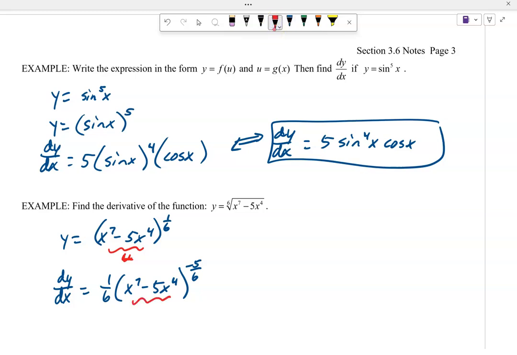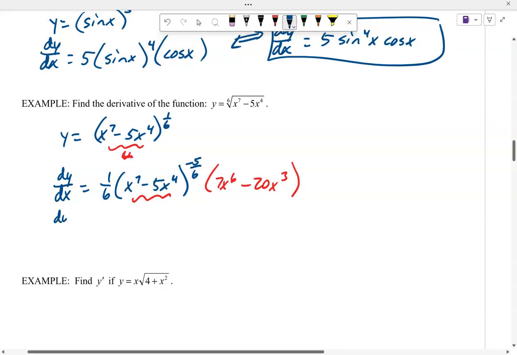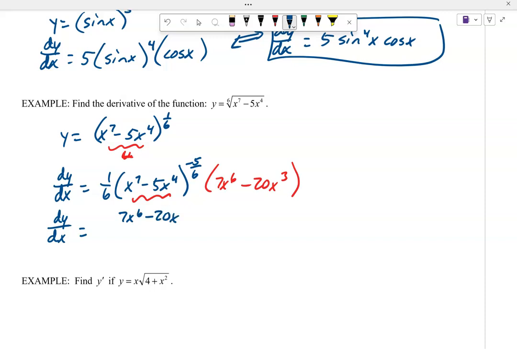And then we got to take the derivative of that inside right there. So we've got 7x to the 6 minus 20x to the 3rd. Now you do want to rewrite this in a pretty format with no negative exponents, right? So you got your dy dx equals this 7x to the 6 minus 20x to the 3rd. You get your 6 on the bottom, and then this x to the 7th minus 5x to the 4th is then to a positive 5/6 down there, right? Because remember, a to the negative m is 1 over a to the m, right?